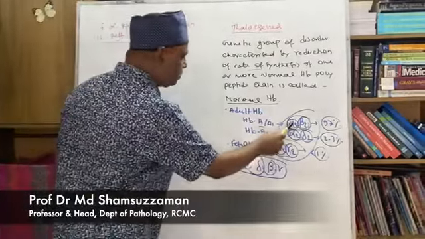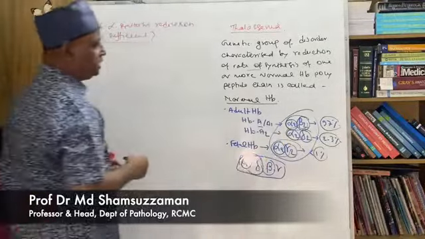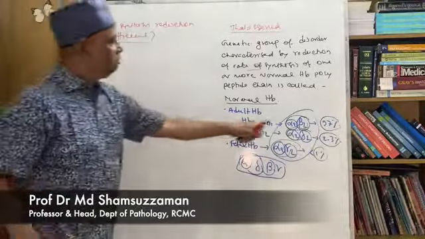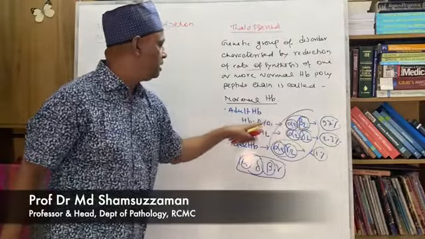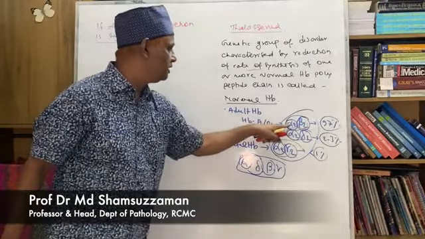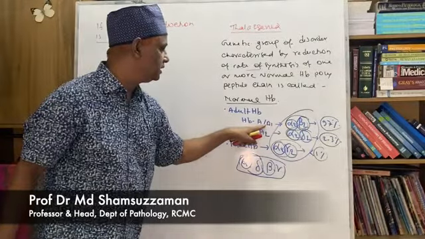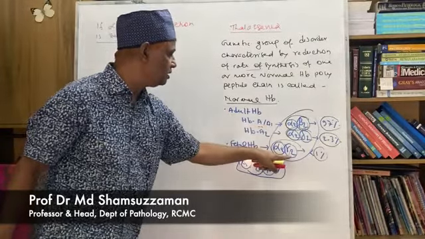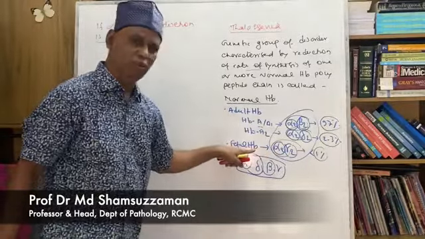Alpha is sufficiently reduced. In that case, the beta chain in case of 97% will not get any alpha to produce hemoglobin A1, and gamma chain will not get sufficient alpha to produce fetal hemoglobin.